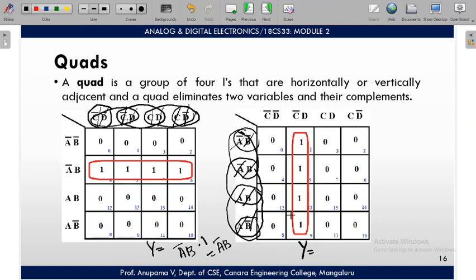So the resultant which we received in the row is 1. Now it should be ANDed with the resultant of the column. We have only a single column, so we write the term as it is, C bar D. So the final simplified answer will be Y is equal to C bar D.